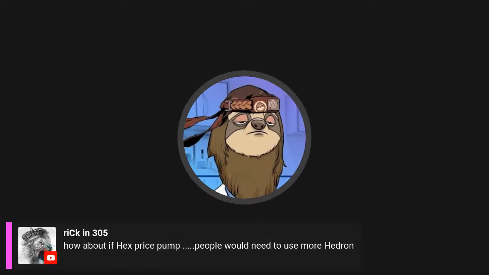How about if hex price pumps? People would need to use more Hedron. Yep. If the hex price pumps, then that means you need to use more Hedron as well. So this little hex pump that we're getting right now is actually going to help us burn more Hedron as well. And the extra burning of Hedron long term helps bring the price of Hedron closer to the new price of where hex is, which is pretty cool, in my opinion.